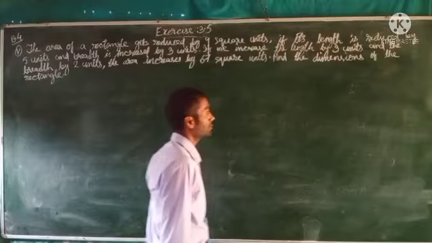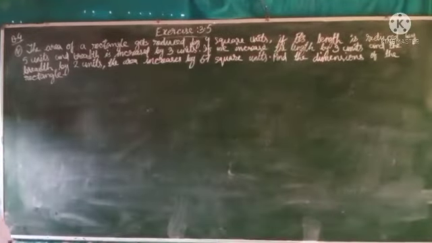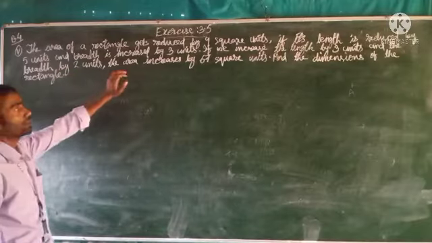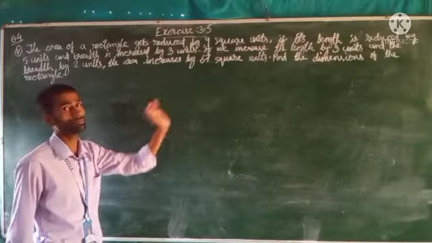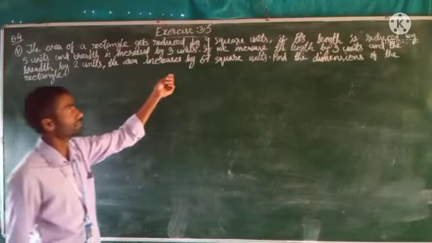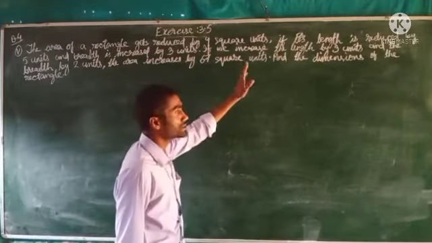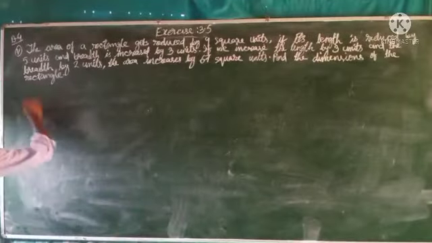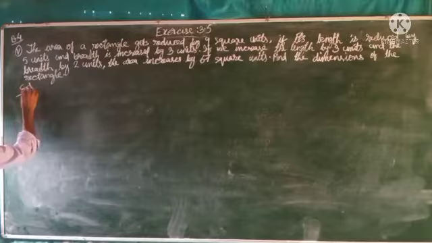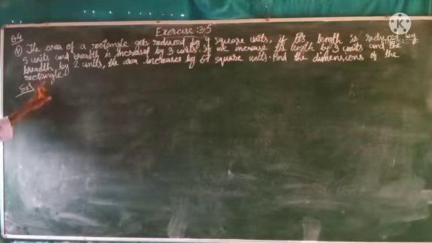Find the dimensions of the rectangle. That means it is said about the area of a rectangle. Now if we are increasing and reducing the length and breadth, then the condition is given that the area increases or it decreases. That is the thing given. So we are asked to find the dimensions of the rectangle, that is the length and the breadth of the rectangle.